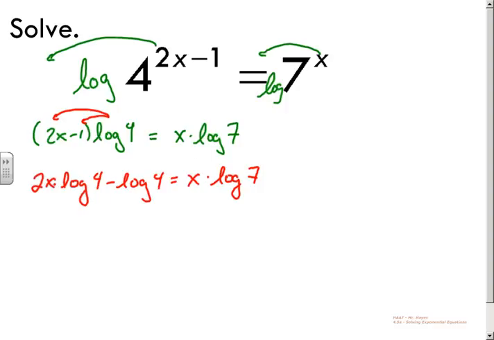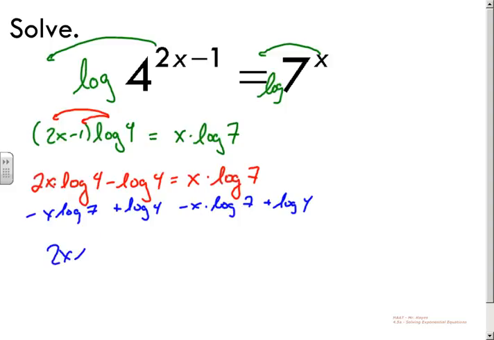So we're going to subtract off that, and we're going to add in log of 4 to both sides. So then in this case, I've got 2x log of 4 minus x log of 7 is equal to log of 4.